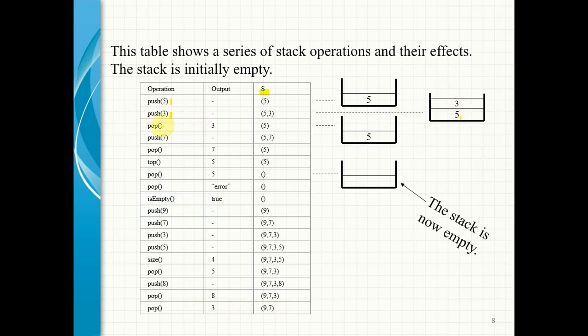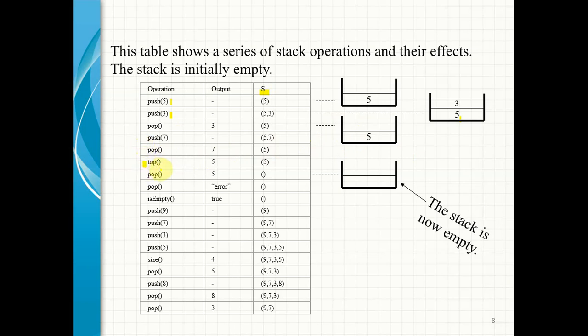If you pop, then you get the output 3. And the stack will have the 5 remaining. If you push one more, then 7 is put on top of 5. And if you pop, the 7 will go out. So that's the push and pop.